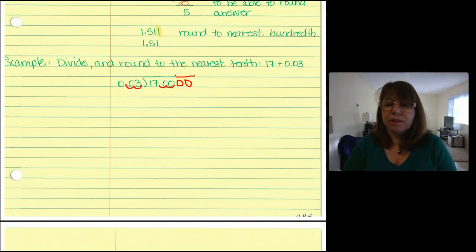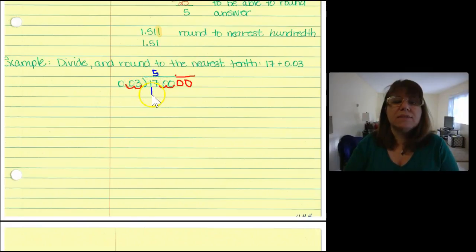Okay, now that we have that placed in, let's start working with our numbers. 3 goes into 17 5 times. 5 times 3 is 15. 17 minus 15 is 2.